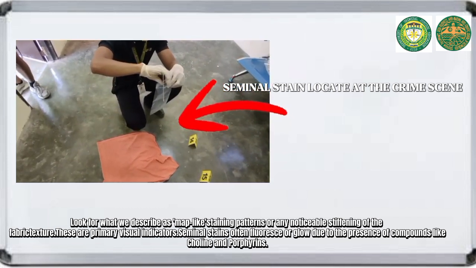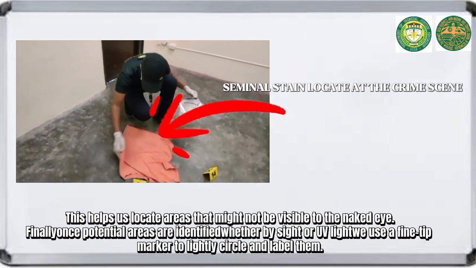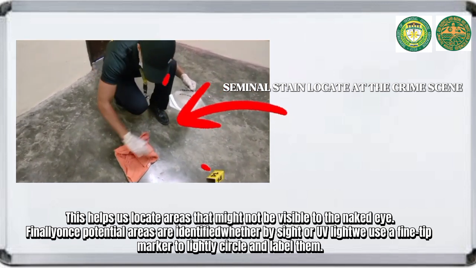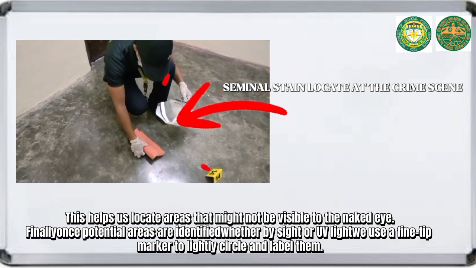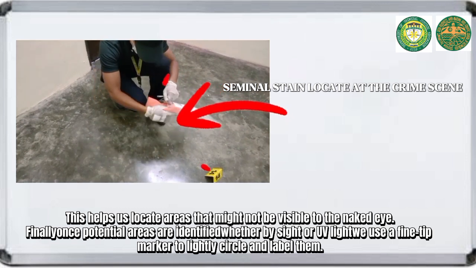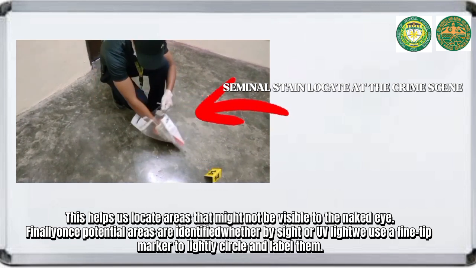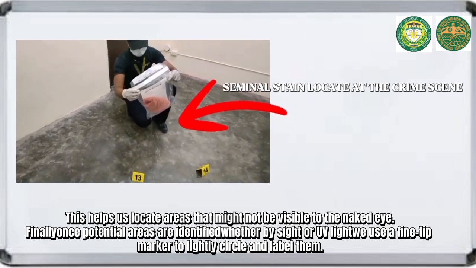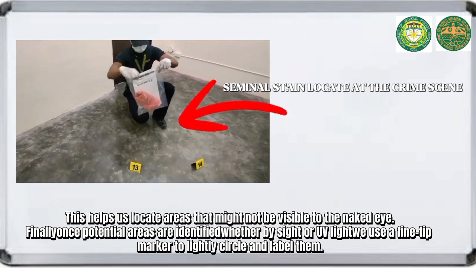This helps us locate areas that might not be visible to the naked eye. Finally, once potential areas are identified, whether by sight or UV light, we use a fine tip marker to lightly circle and label them.